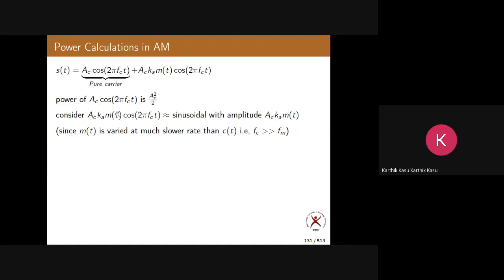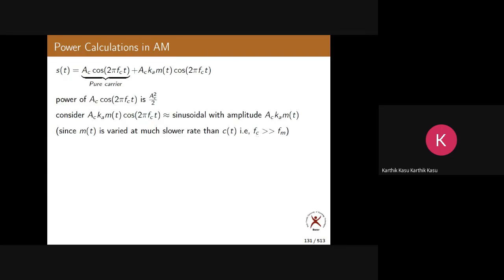If you take relative velocity or relative position, I can say that this is a constant compared to that one. So Ac Ka m of t will be a constant, whereas the cosine will be a time varying function. Remember, this is just an assumption, an approximation, because Fc is much more than Fm.